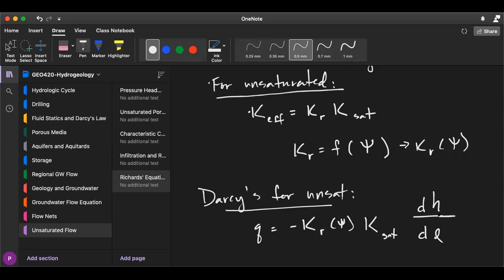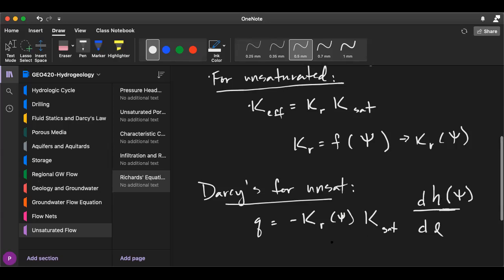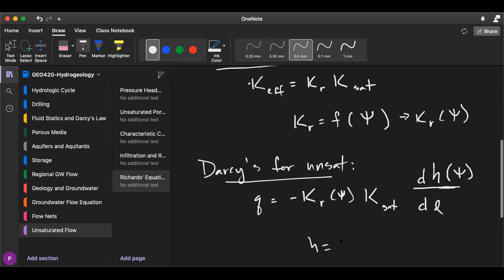The only thing I'm going to do here, and we never write this, and I won't write it again, but just to illustrate a point, I'm going to put this here so that we recall that the head is equal to Z plus psi, right? So our head is a function of psi too. H is a function of psi.